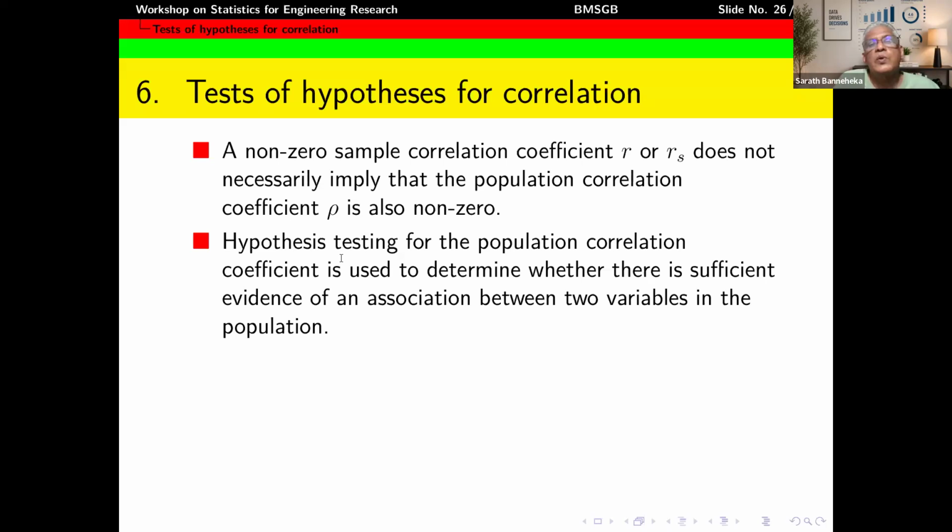A non-zero sample correlation coefficient r or rs does not necessarily imply that the population correlation coefficient is non-zero. So to see what the sample correlation coefficient tells about the population correlation coefficient, we need to carry out a test of hypothesis concerning the population correlation coefficient. So that is where statistical inference comes in.